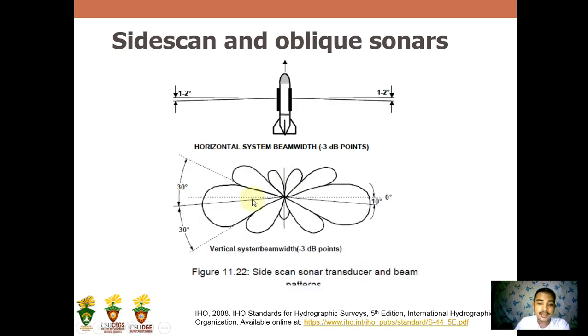So here is an illustration on how the side scan sonar transducer and beam patterns. For horizontal, naa siya 1 to 2 degrees nga discrepancies, and also sa vertical is we have 30 degrees, based atong na-state sa previous nga slide.